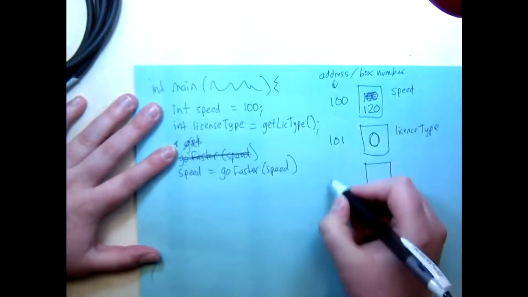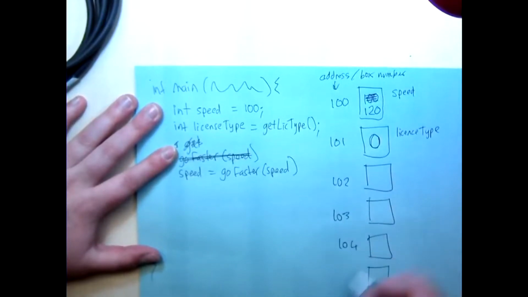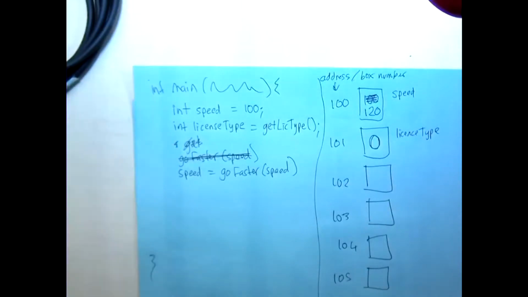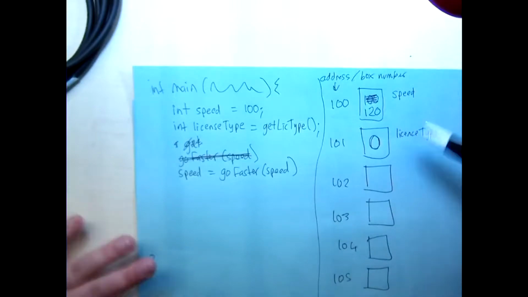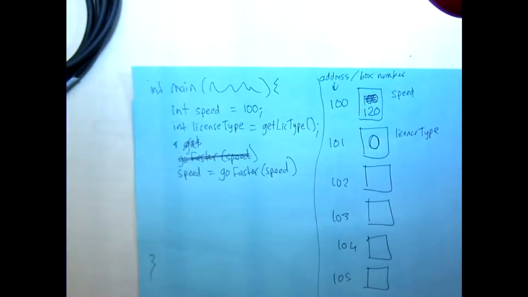This is at address 101, 102, 103, 104, 105. And of course in my program there'll be a lot more than 5 addresses, but every box, every variable that we have in our program has some location in memory. It's at some address somewhere. Like there is one spot in our program's memory for our variable index or for our variable speed.